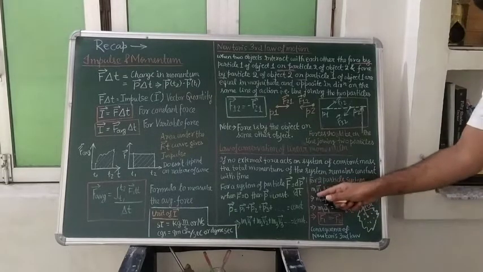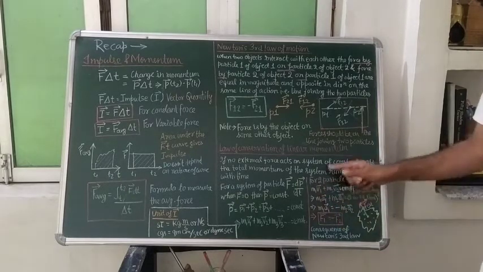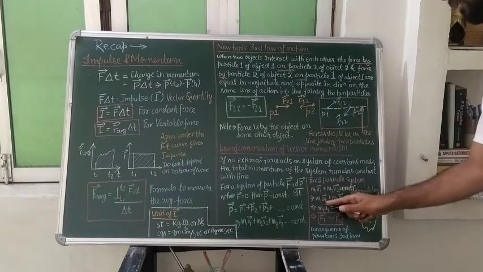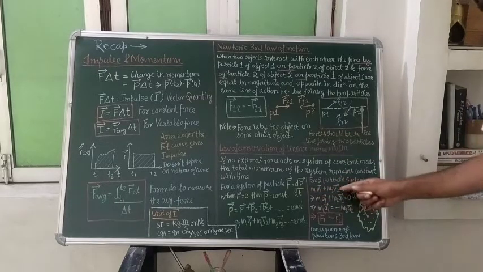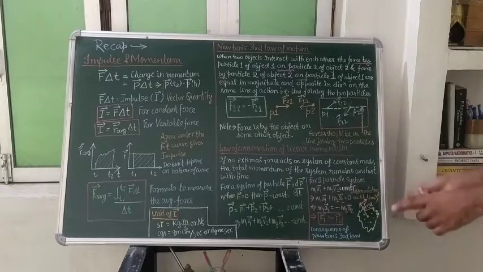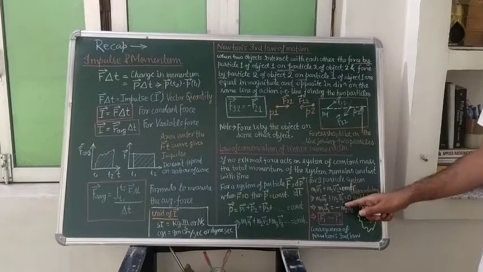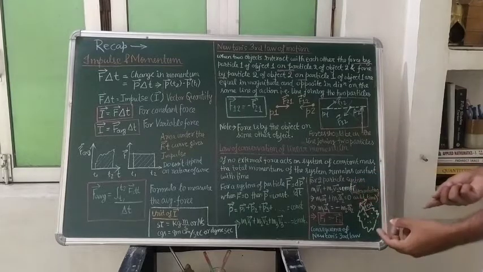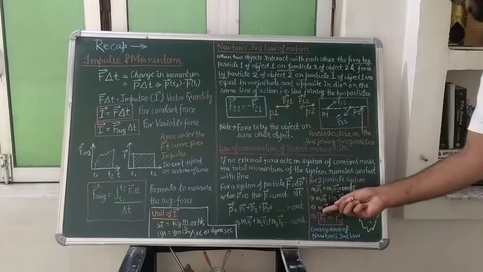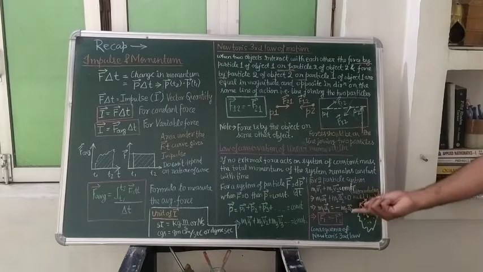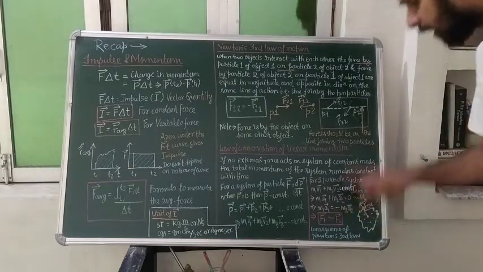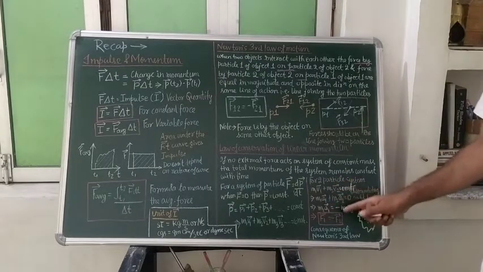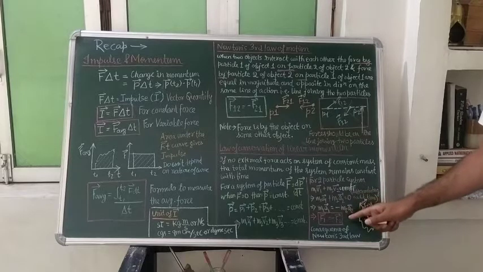The mass is constant, so mass will come out. Change in velocity upon change in time, del v upon del t, gives us acceleration, so m1 times a1. Then m2 will come outside, del v2 upon del t gives the acceleration of particle 2. And the differentiation of a constant will become 0, so m1a1 will become equal to m2a2 with a negative sign, minus m2a2.